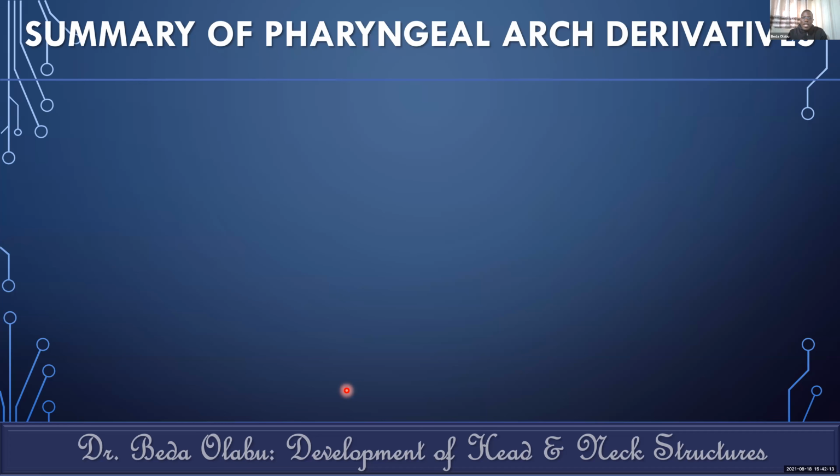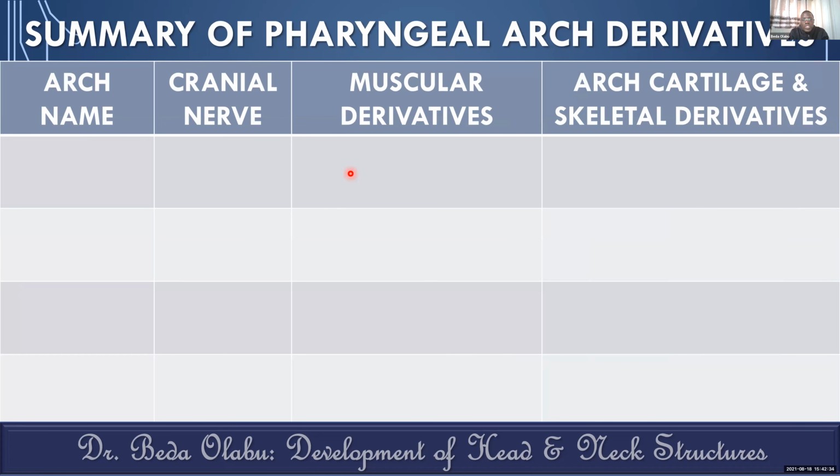So I want to spend some time on this slide. Through this, I want to give you a summary of the derivatives of a pharyngeal arch. And we are going to account for each of the pharyngeal arches. What you need to account for is at least the nerve responsible for supplying the components of that arch.